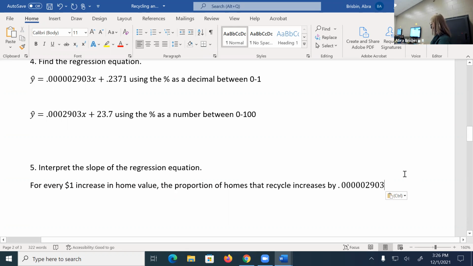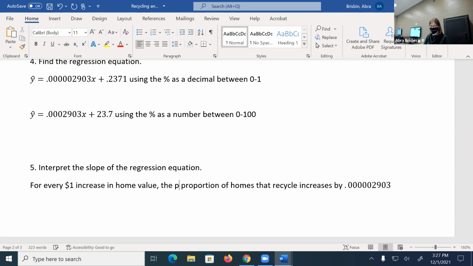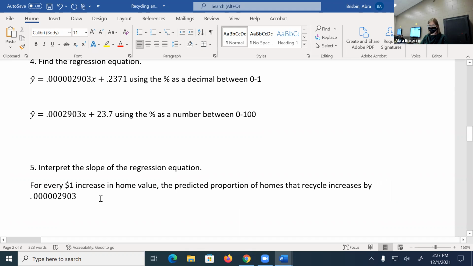And we want to do something to remind our readers that this is not a hard and fast rule, that it's the observed proportion of homes that increases. This is something that's on average or expected or predicted. So we could say the predicted proportion of homes that recycle increases by the slope amount.